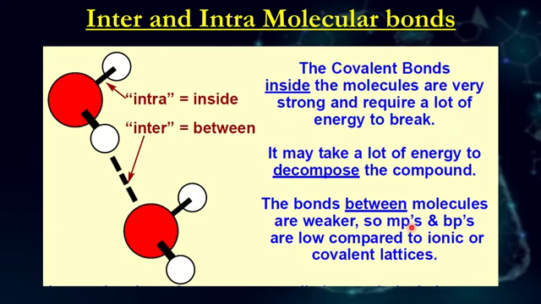So if you do have a weak intermolecular bond, that will affect the overall melting point and boiling point of the lattice. Remember, when you boil something, you're really just trying to separate these bonds from each other. So the stronger this bond is, the more energy you require, which is why strong intermolecular bonds lead to a high melting point, a high boiling point.